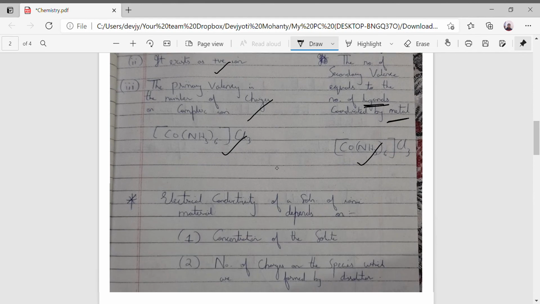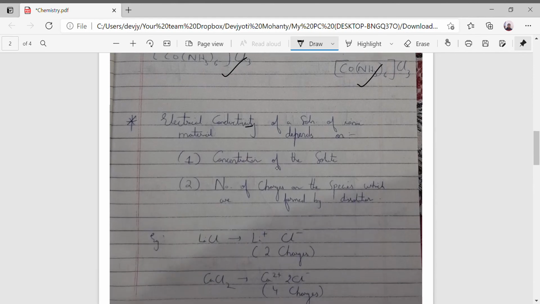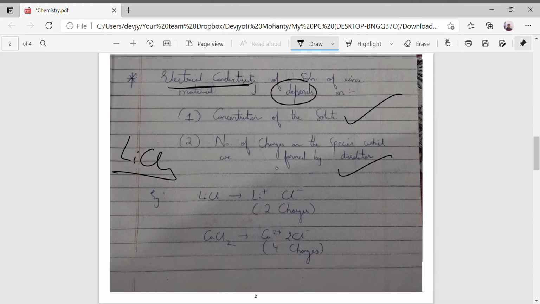Then we will talk about electrical conductivity. Electrical conductivity depends on the concentration of the solute and the number of charges on the species which are formed by dissolution. Suppose we take the example of LiCl, already taken: Li+ and Cl-. This is one charge, this is one charge, both make two charges.